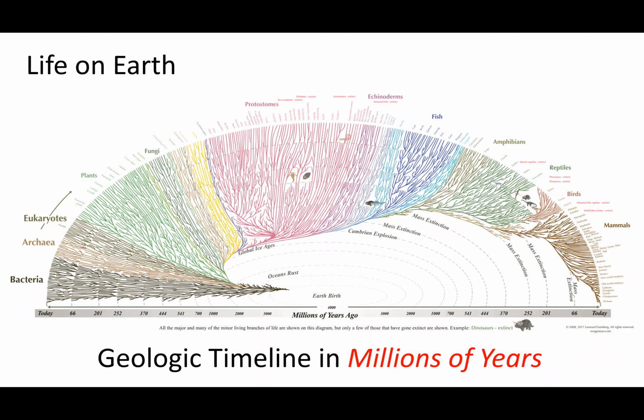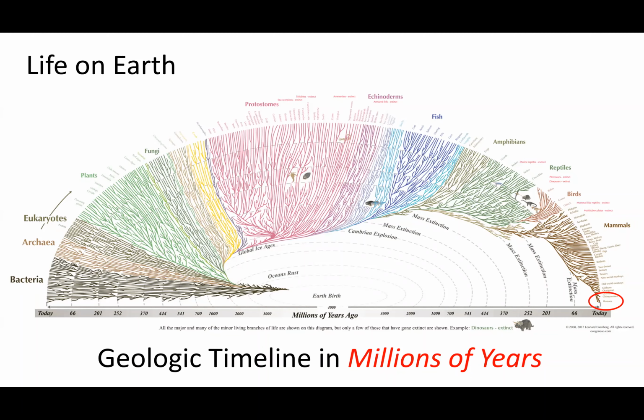This is when the Cambrian explosion happened. The Cambrian explosion is a very, very small period of time where lots and lots and lots of different species were created. And then we kept evolving until us. And here is man.